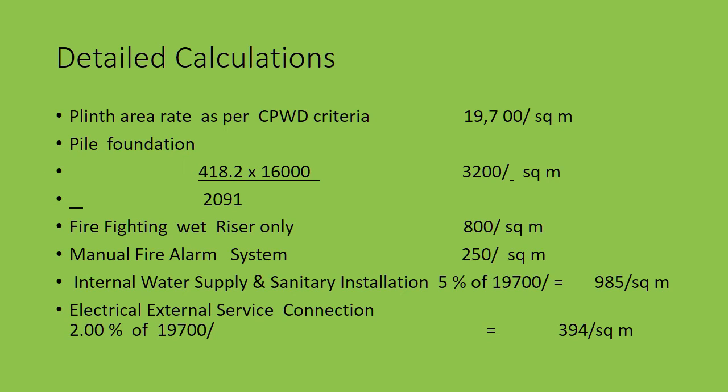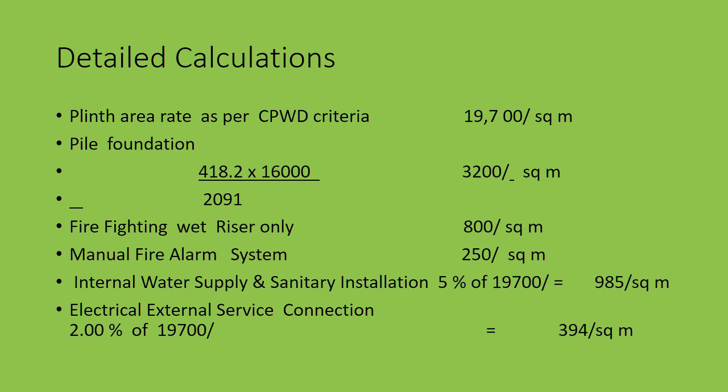Internal water supply and sanitary installation is assessed by the valuer as 5% of the rate of 19,700. In the previous case, the water supply arrangements were exactly as per the CPWD specification, so there the percentage was 9%; here it has been reduced to 5%.